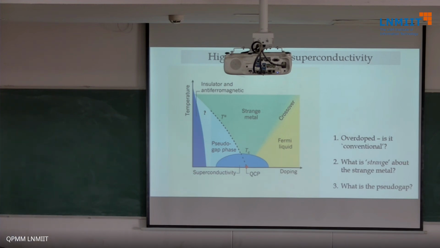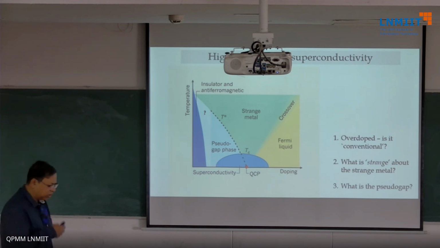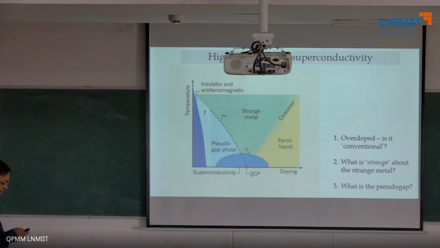Here we are talking about hole doping. And this blue dome is the superconducting dome. Another important thing here is that this blue dome is very close to an antiferromagnetic insulator. So there's an insulating phase, and then there's a superconducting phase, and here there's some kind of glassy phase which never got really worked out, what kind of phase this is.